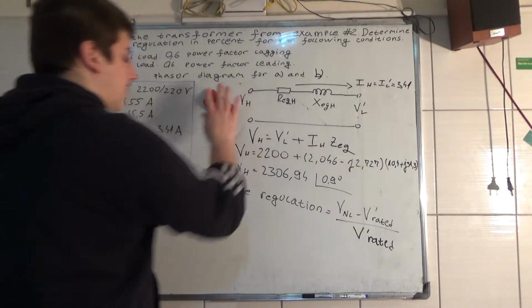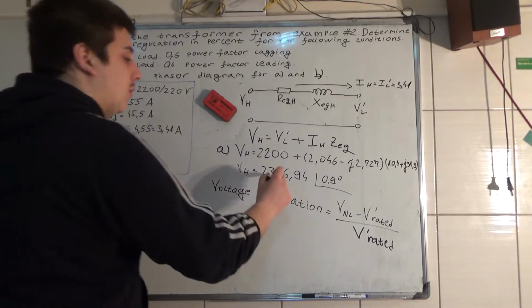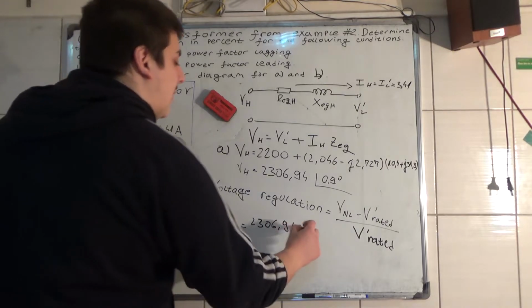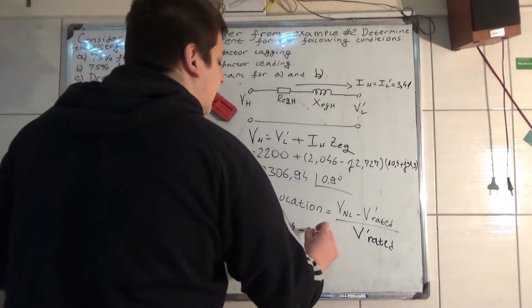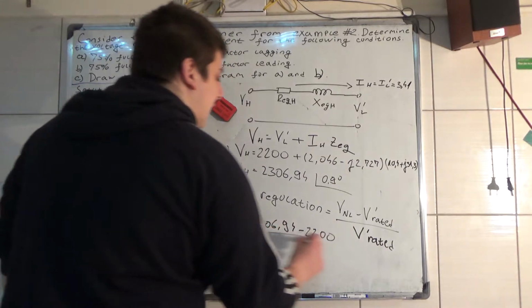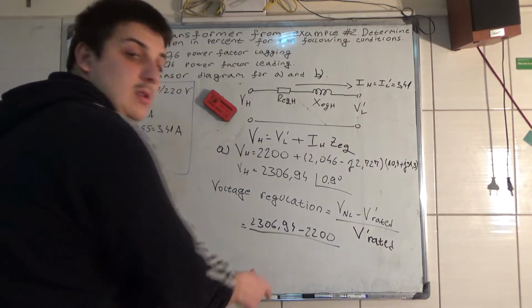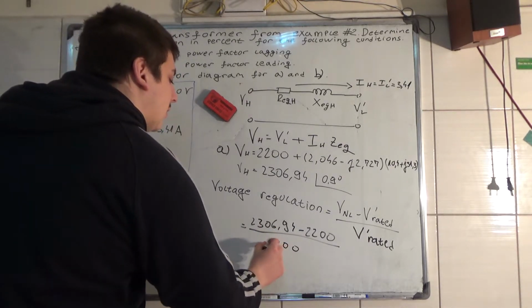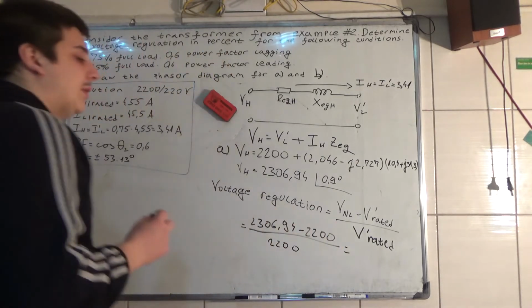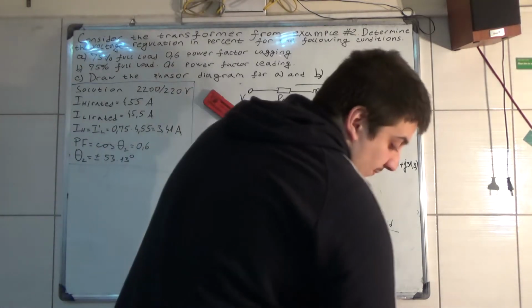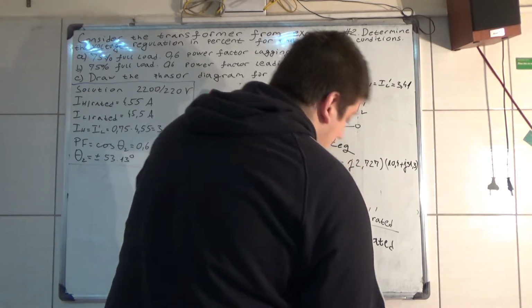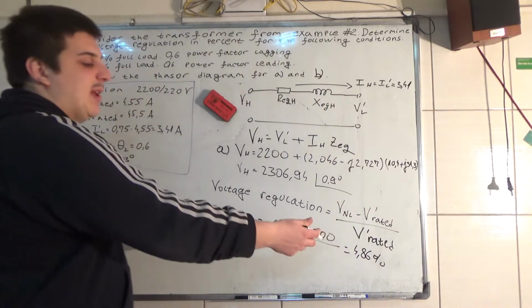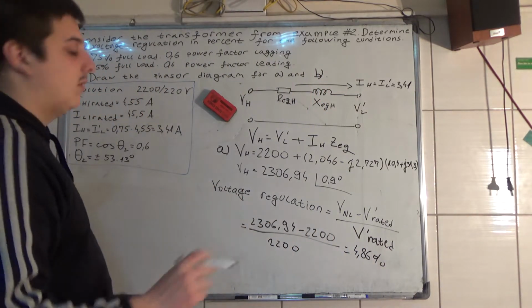And now, that is equal to 2306.94 minus 2200, divided by 2200. And then you get that the voltage regulation is 4.86%. I forgot to multiply by 100%, but I think you know this.